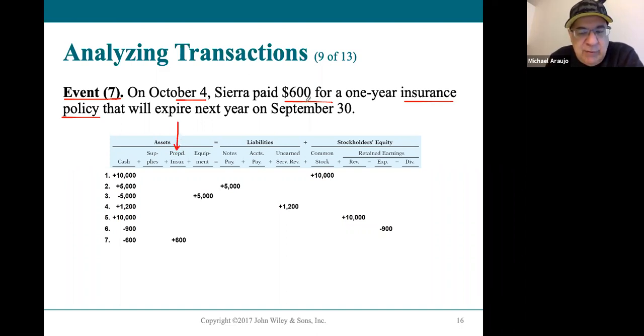In this case, they bought it for a full year. And so they have more prepaid insurance. So the fact that they have more prepaid insurance is what's shown here. Again, when you are buying insurance, as with anything else, you're using cash to do it. So you have less cash. Okay.